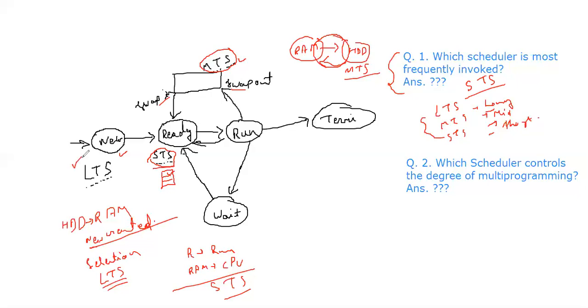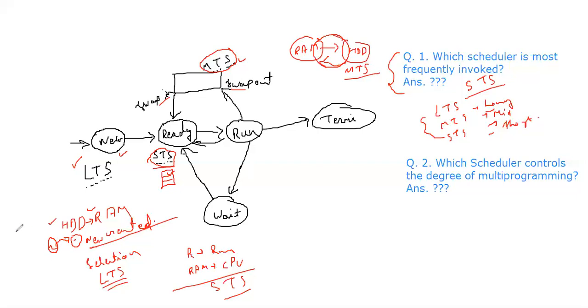Now, when we talk about long-term scheduler, what it does is select the processes from newly created ones and send those processes into the ready state. As we had picked, it selects from hard disk and sends to the RAM, and it selects a bunch of processes and sends that bunch into the RAM. It's not necessary that it picks one process at a time and sends it to the RAM. Suppose RAM can store 100 entries.